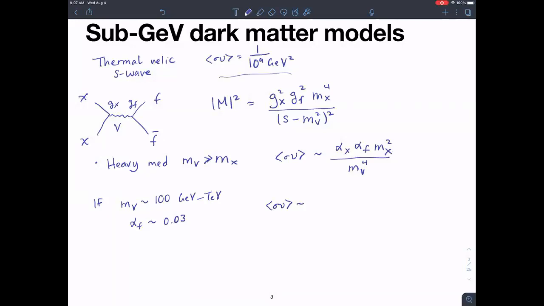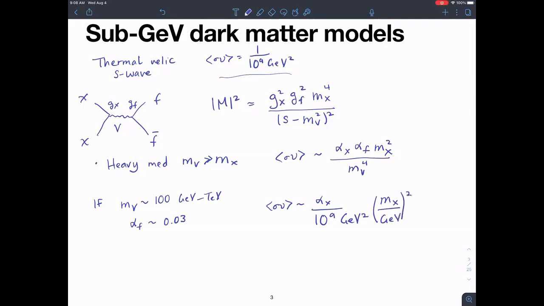So if I plug that in and compare with the desired cross-section, what I'm going to find is something which gives me this 10 to the 9 GeV squared, and then it scales with dark matter mass squared. It also depends on the ratio of these couplings, on those specific couplings.